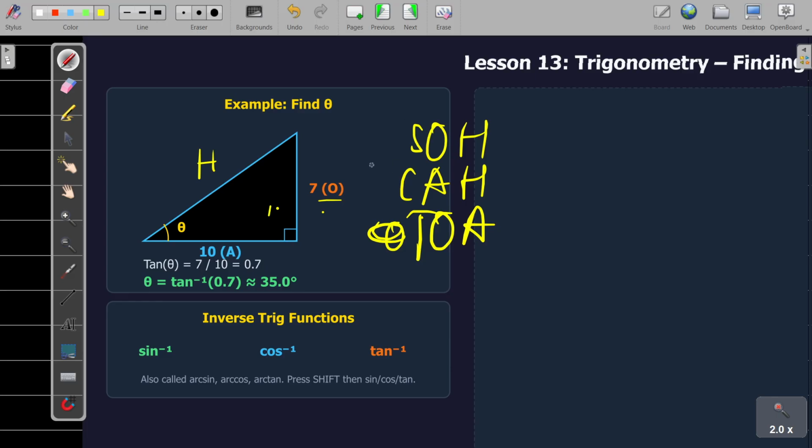Technically, you can say we can use all three, right? This is not the case here, because in the first one, SOH, you know O, but you don't know H. In the second one, you do know A, but you don't know H. So in these first two, you don't know H. You have to use the third one, which is TOA. So it's going to be tangent. So we're going to be using TOA.